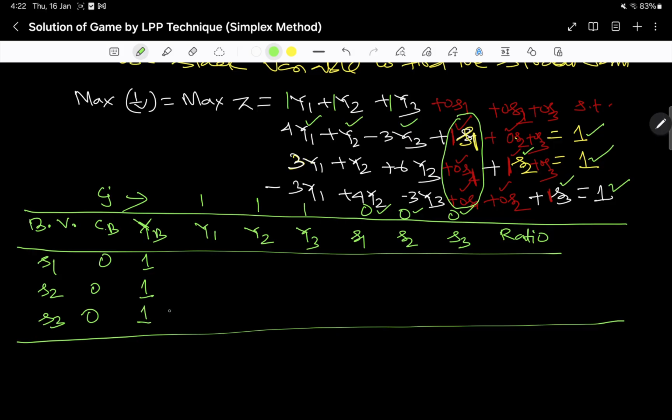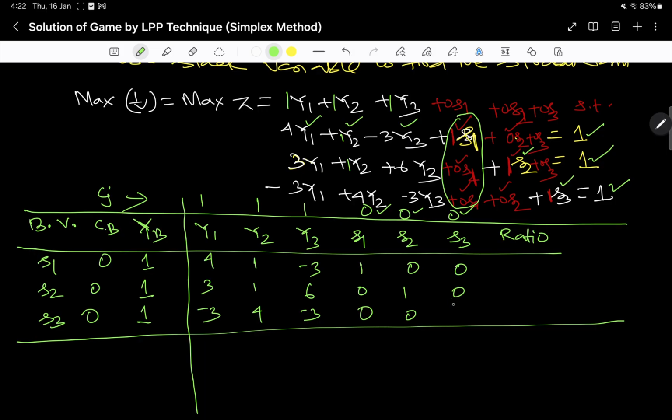Okay, so now as usual we write the other variables. For y1 it is 4 3 minus 3, the first column. For y2 it is 1 1 4. Your y3 is minus 3 6 minus 3, your s1 is 1 0 0, your s2 is 0 1 0, and your s3 is 0 0 1.